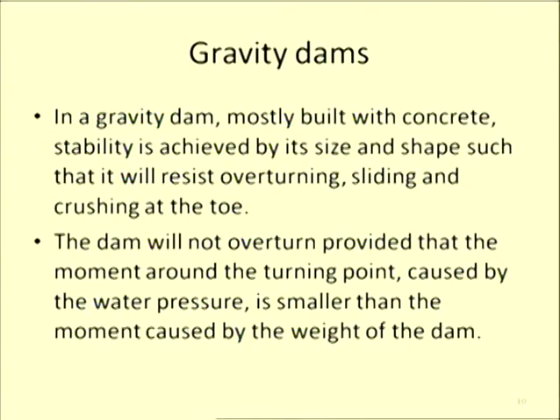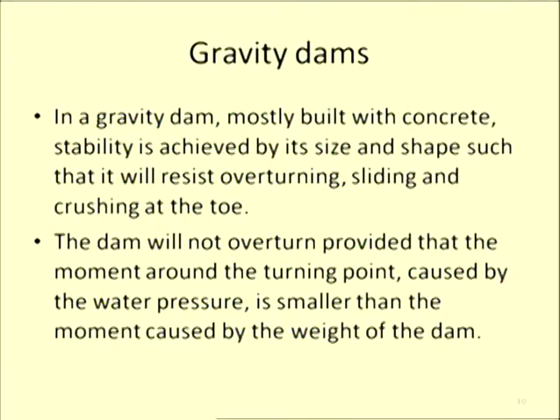Gravity dam. We are going to discuss two types of dams, gravity dams and earthen dams. What is a gravity dam? A gravity dam is mostly built with concrete, not necessarily, it can be built with bricks also, but generally when we say gravity dam, we think of a concrete dam.